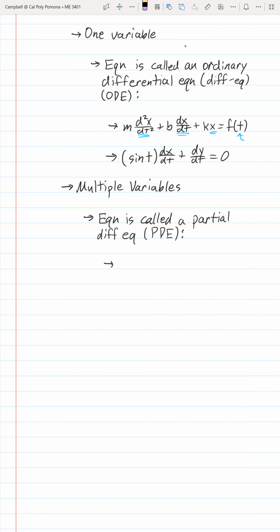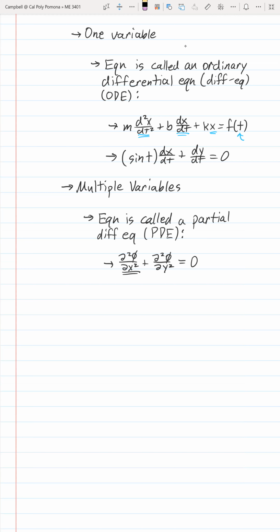As some examples for PDEs, we can have partial squared of phi with respect to x squared, plus, where of course this notation where we're using the squareds really represents a second order derivative. And then we can have the same thing with phi, but now with respect to y. So obviously we're taking the derivative with respect to two different parameters.